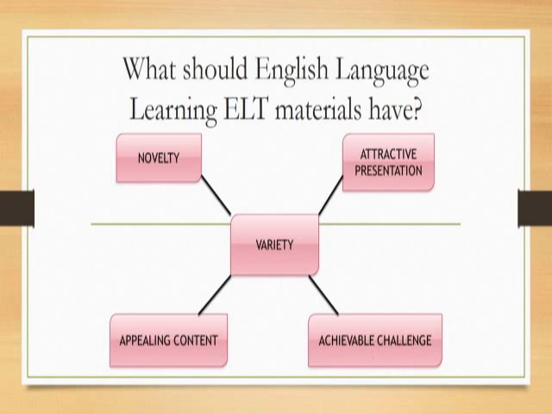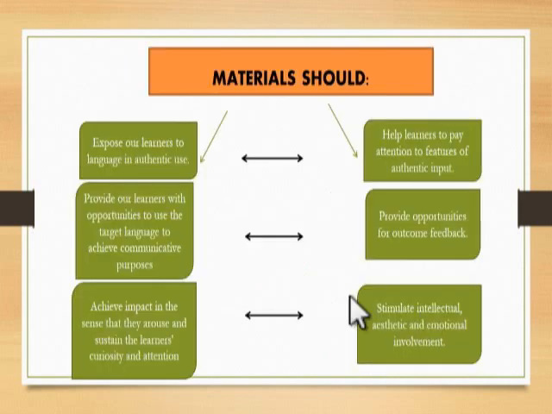Then we have what materials should have. Materials should expose our learners to language in authentic use. So they should use the language to practice and to communicate. Provide our learners with opportunity to use the target language to achieve communicative purposes.